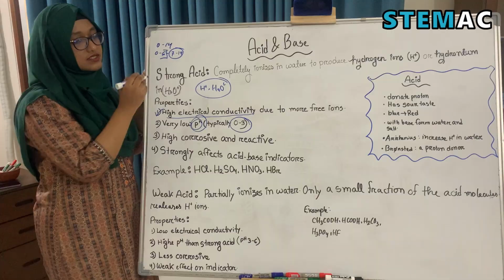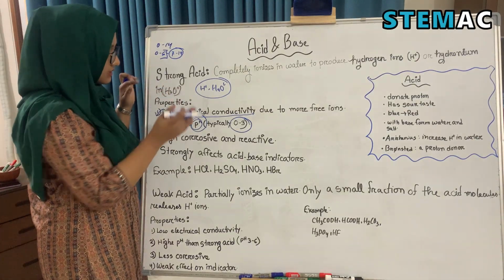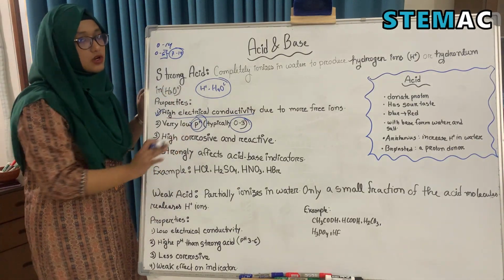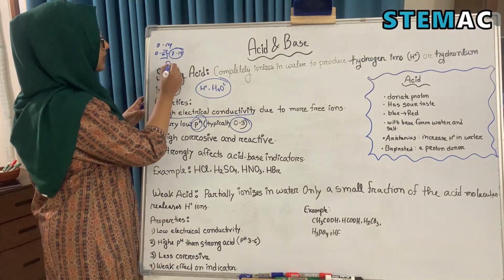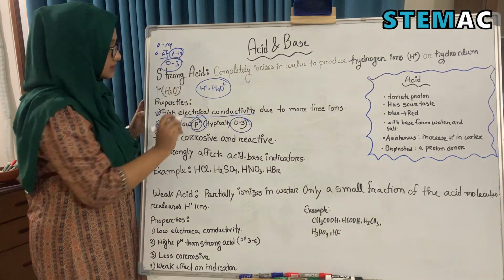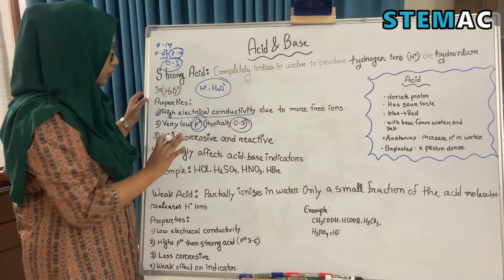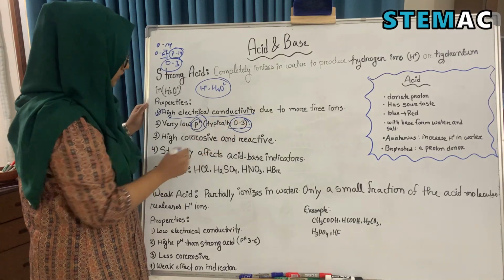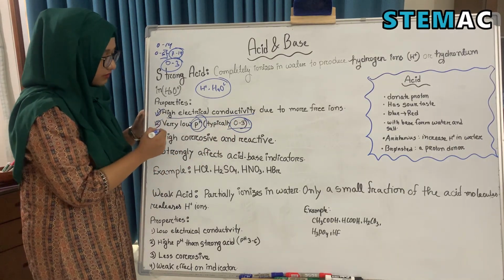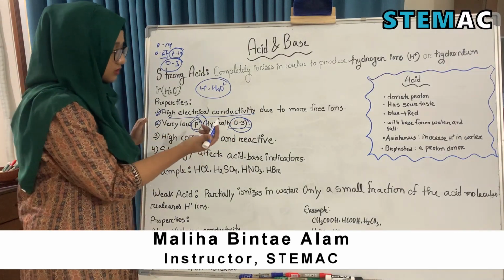That 0 to 6 has two parts, strong acid and weak acid. In the case of strong acid, from 0 to 3 it is the strong part of acid, a highly acidic environment. For the second property, very low pH, typically 0 to 3.